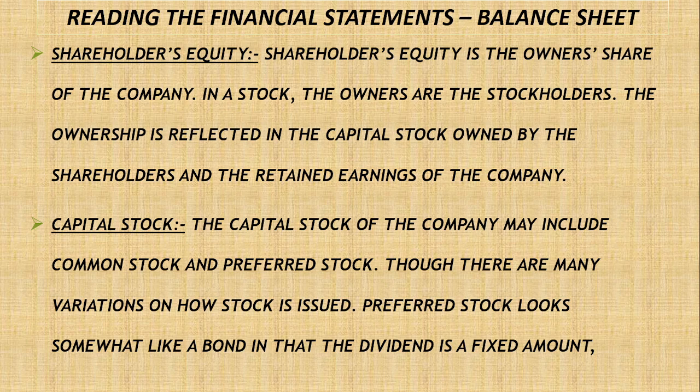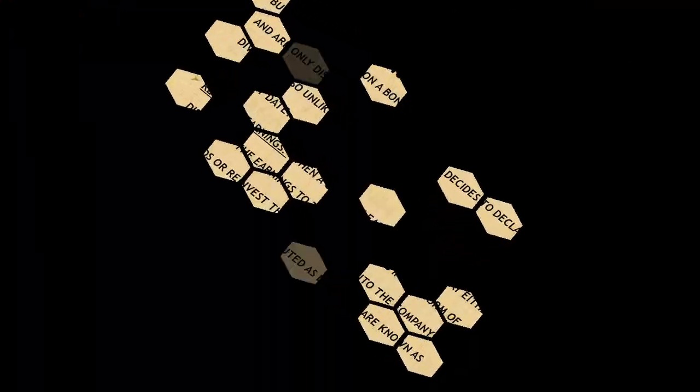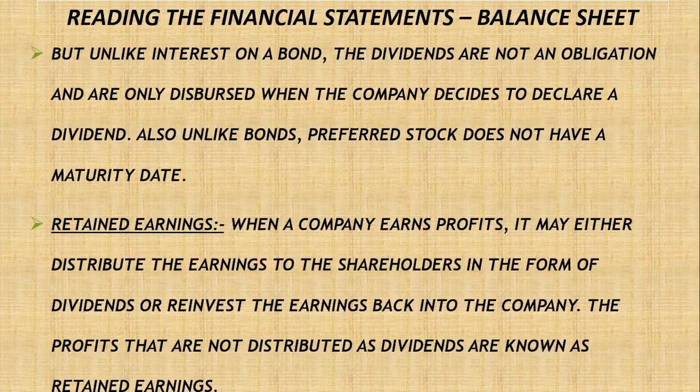Though there are many variations on how stock is issued, preferred stock looks somewhat like a bond in that the dividend is a fixed amount. But unlike interest on a bond, the dividends are not an obligation and are only disbursed when the company decides to declare a dividend. Also, unlike bonds, preferred stock does not have a maturity date.